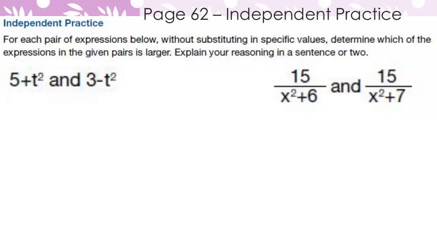Okay. Let's do some independent practice. Oh, no, I'm not going to let it be totally independent. The directions say for each pair of expressions, without substituting in specific numbers, determine which is larger. So 5 plus t squared or 3 minus t squared, which would be larger?